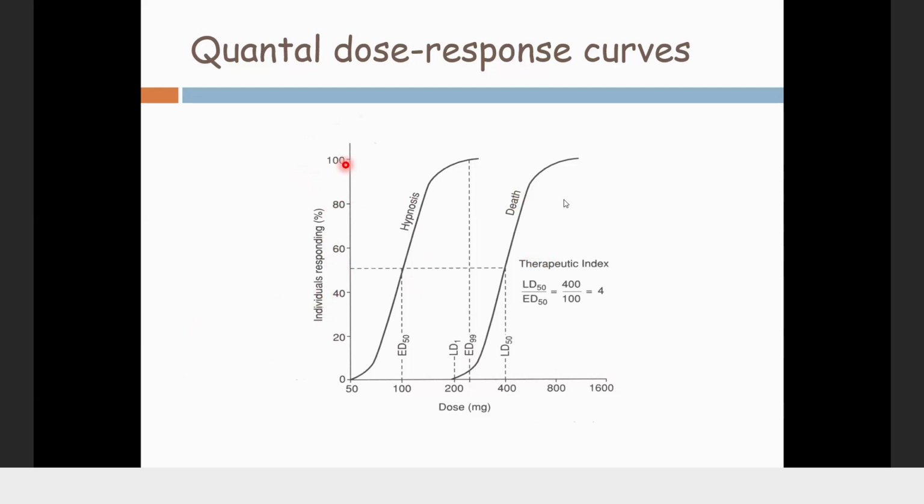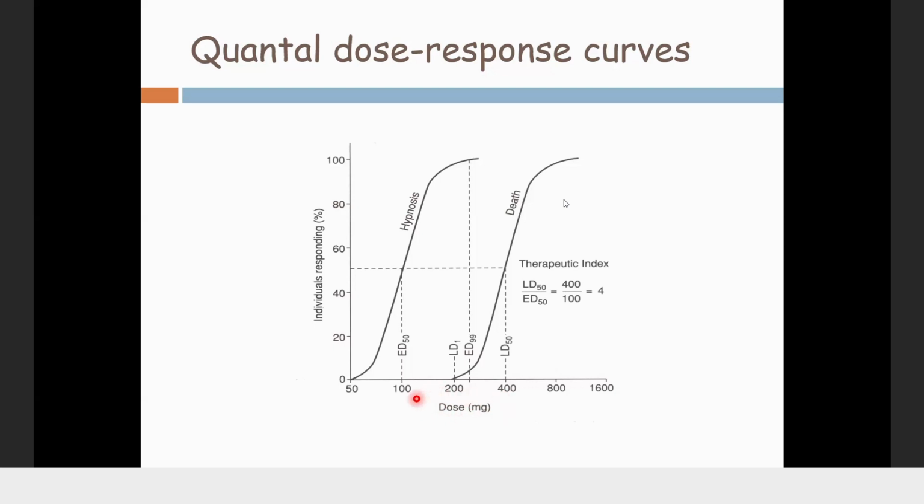Either they respond or not at all. If you look at the graded curve, it is the percentage of the effect or response, but here it is the percentage of individuals, people or animals, responding, and on the x-axis is the dose in milligram.